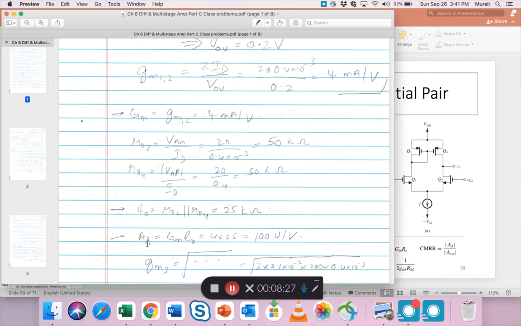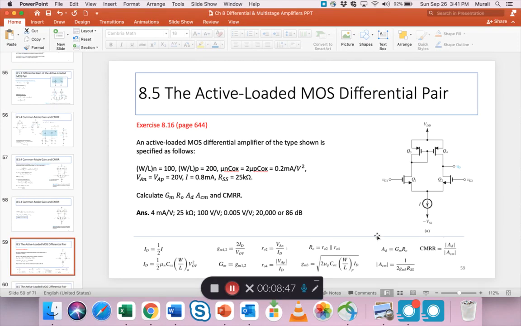Finally, AD is this, right? GM into RO, so 4 milliamps into 25 kilo ohms, that gives you 100 V over V. Now GM3, we have this formula. I was too lazy to write it, but you can see GM3 has this form.